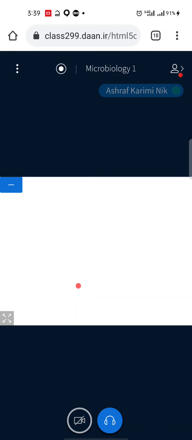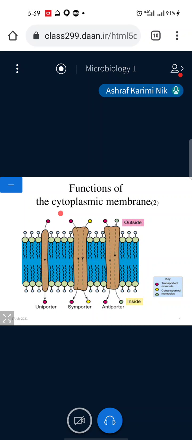Before I explain these three types, it's better you see the next slide. This is a schematic picture of some ways of transport. At first, uniporter: one material goes from out to in, red.